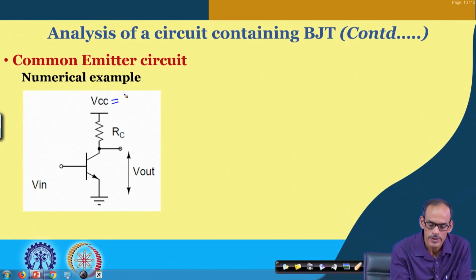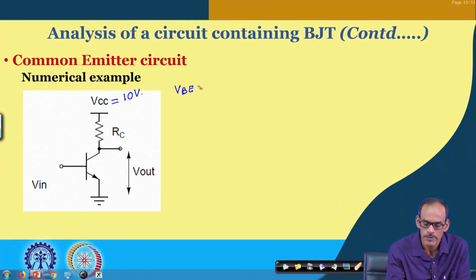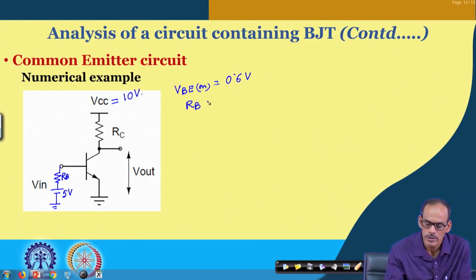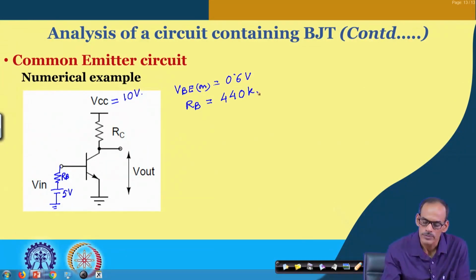Let us consider VCC is 10 volt, and let us consider VBE on equals 0.6 volt, and at this point we are connecting a DC source through RB, and let us say this is 5 volt, and RB equals 440 kilo ohms, and beta is equal to, say, 100.